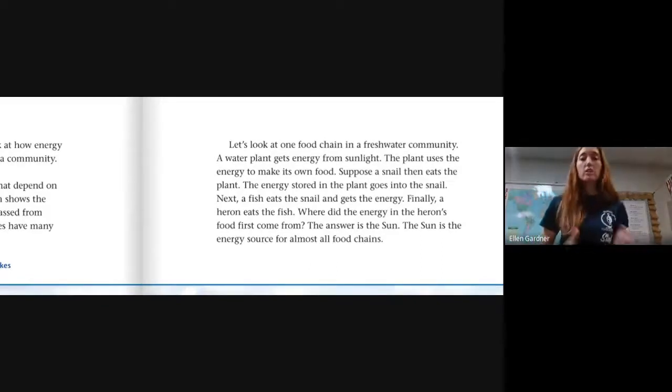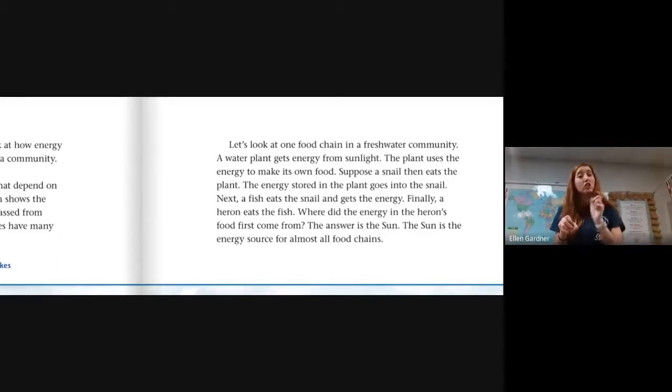A water plant gets energy from sunlight. The plant uses the energy to make its own food. Suppose that a snail, and other things might eat this plant, but imagine it's a snail that eats the plant next. The energy stored in that plant goes into the snail now.